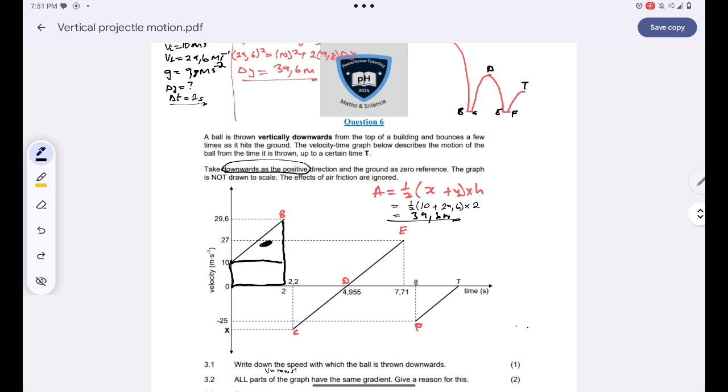Find area of the triangle and then add it to the area of this rectangle. All together, the dimensions would be 2. You'll have 10 here, and obviously it will be 19.6. That's 2 as well. You can simply find your areas and work out.